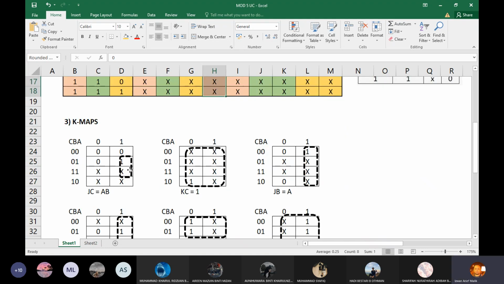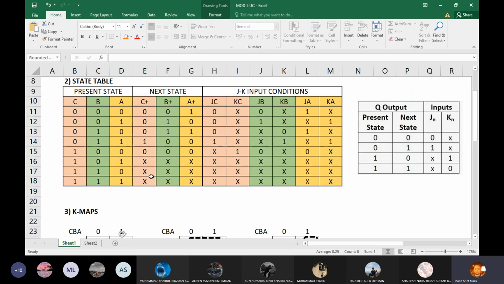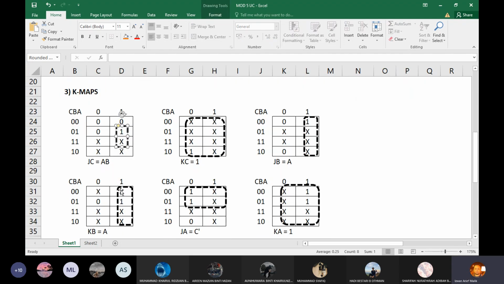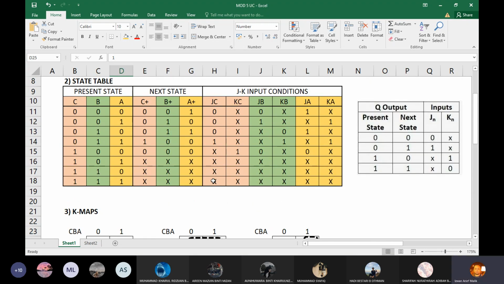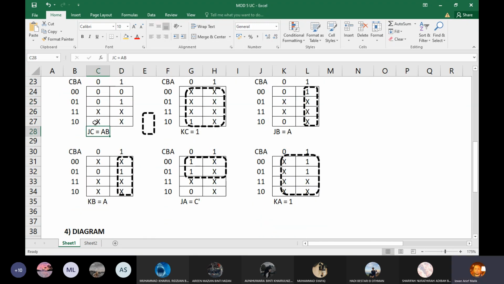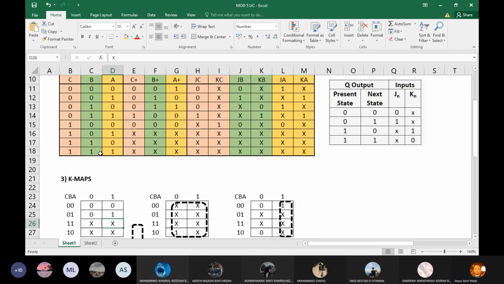Okay, so I have done them here. So I have 0, 0, 0, 0, 0, 0, 1, and then don't care, don't care, don't care, don't care. So how do you read it? Like this: 0, 0, 0 is CBA.